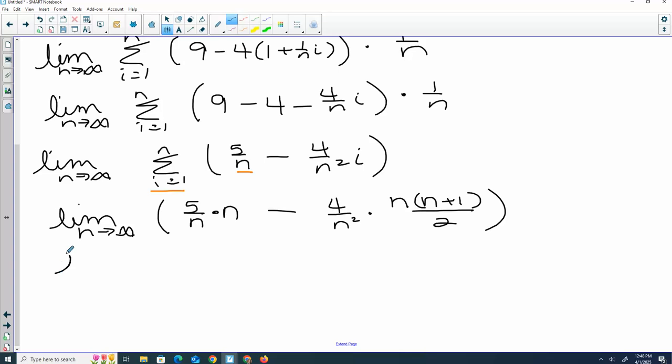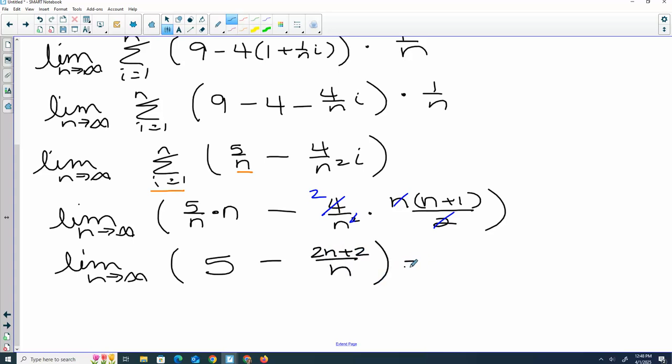So we want to simplify as much as we can. Using 5, I could drop out one of these n's. 4 divided by 2 is 2. Which one is n?